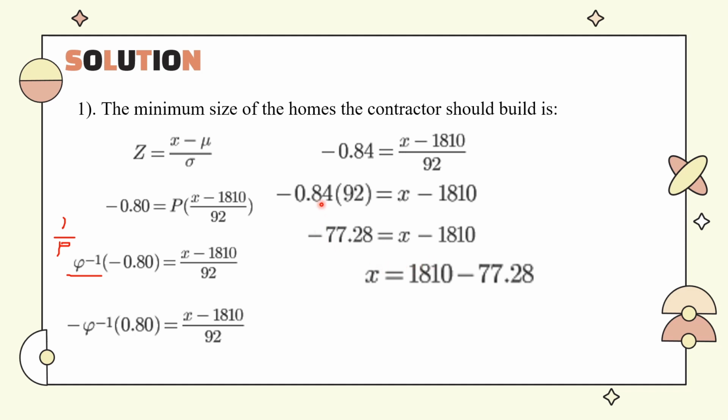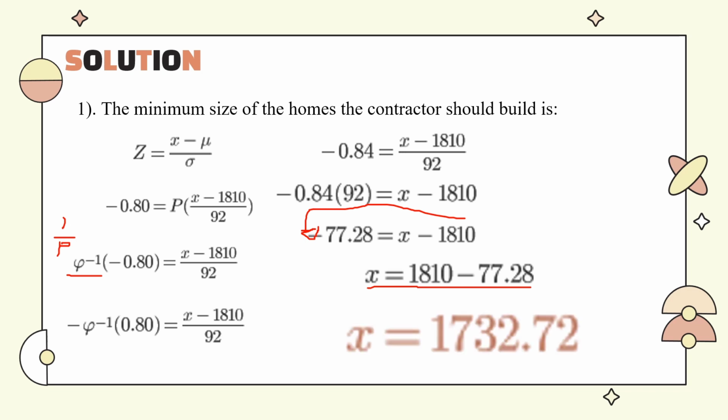So we just have to transpose 1810 in here to become positive, or we can just type it also like this. So now we have our minimum size of home that the contractor should build, which is 1,732.72 square meters.